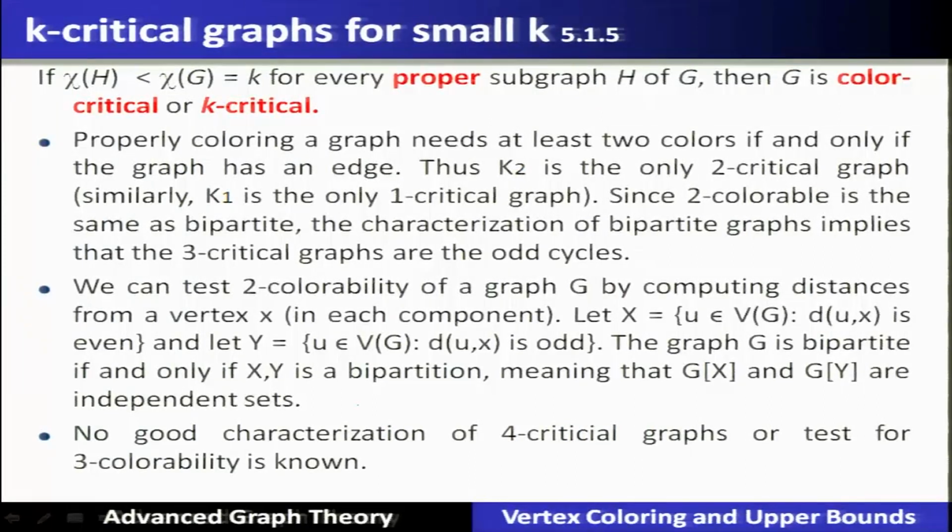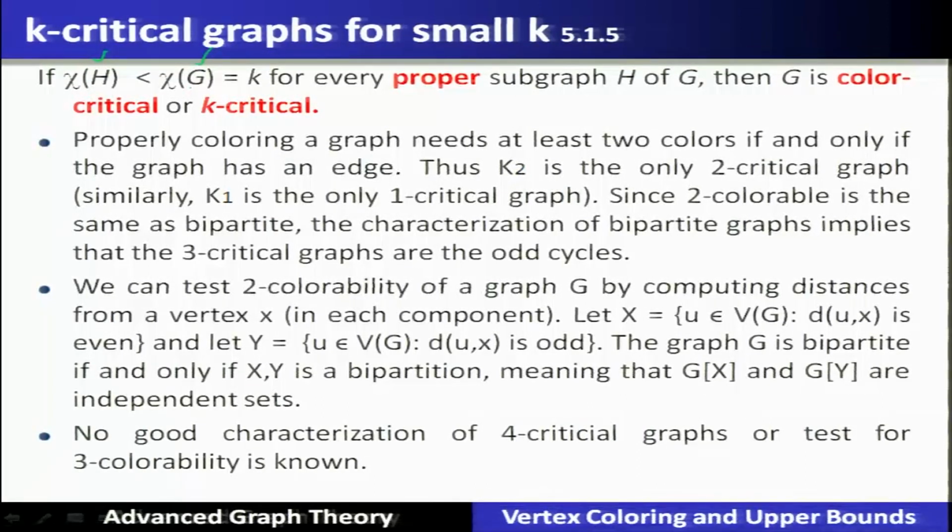Now if we take a subgraph of a graph G, let us call it H, and the chromatic value of every proper subgraph H of G is always less, then G is called color critical or a k critical graph.